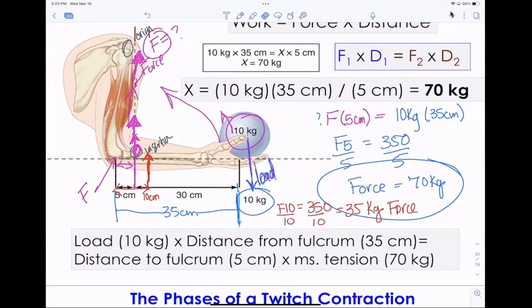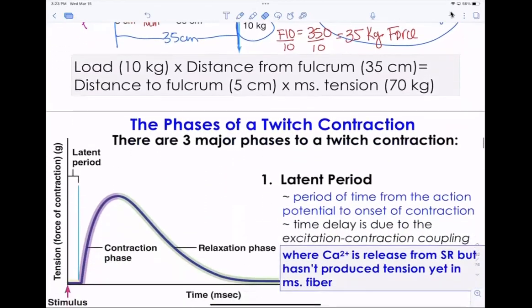Males tend to have a biceps brachii insertion farther or more distal on the radius than a female insertion. And so male biceps brachii can move the same amount of load with less force needed in the muscle. So that's an example of a biomechanical advantage.